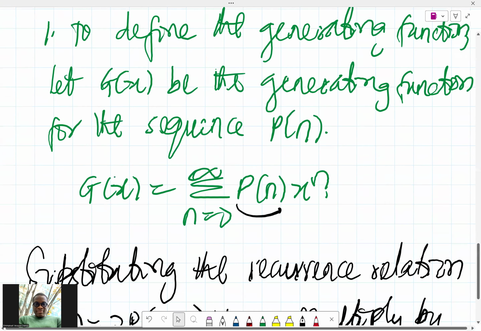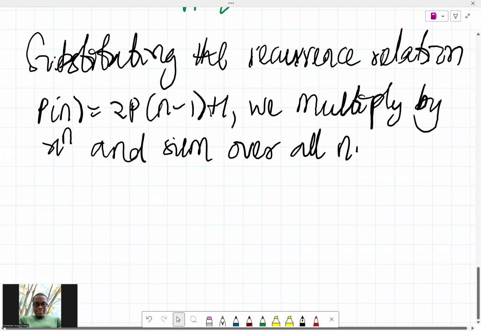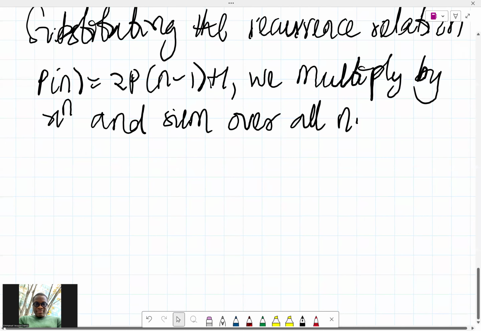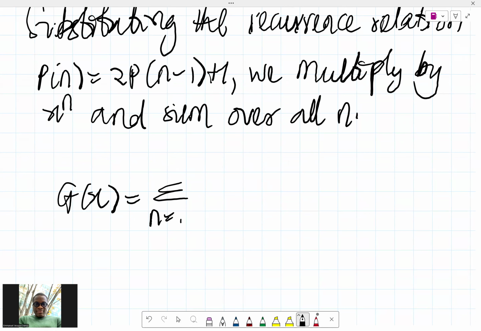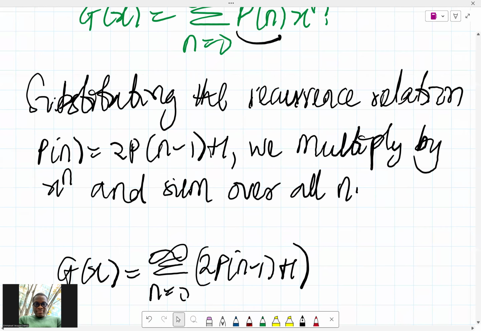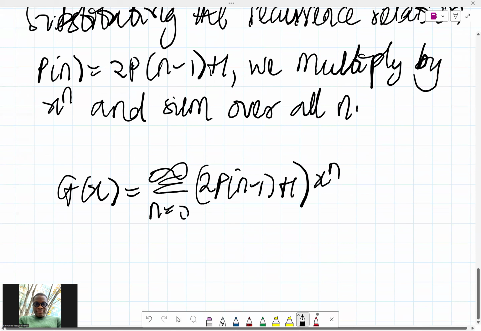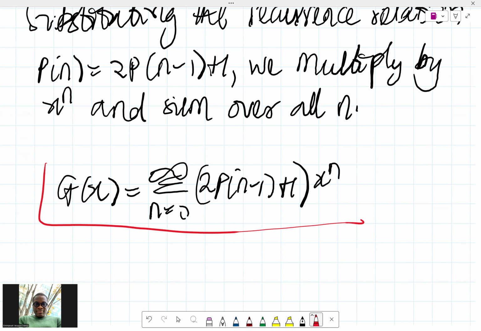So that means we need to evaluate something like this: G(x) equals the summation from n equals 0 to infinity of P(n), which is now 2P(n-1) + 1, all this multiplied by x raised to power n. That's actually what we need at the end of the day.